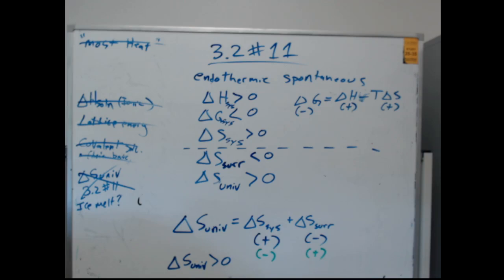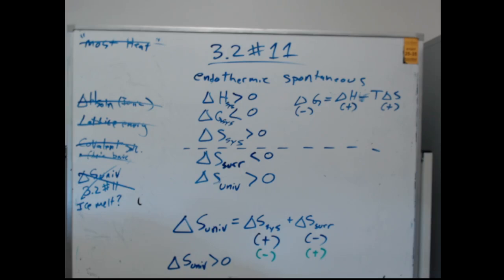So if delta G is at equilibrium, that's the balance point between it being towards products or towards reactants, or spontaneous, non-spontaneous, or possible, impossible, depending on which system we want to think about.